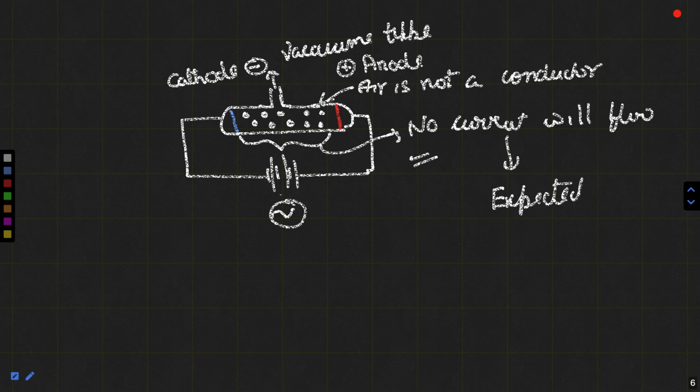As this circuit is open, there will be no current. No current means, so when do we call that a current is flowing? Suppose this was our circuit, and this is a bulb. Now when we switch it on, the bulb will glow. That means the current is flowing, or you can say the electrons are moving from here to here.